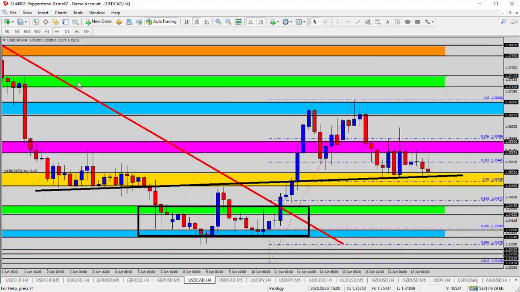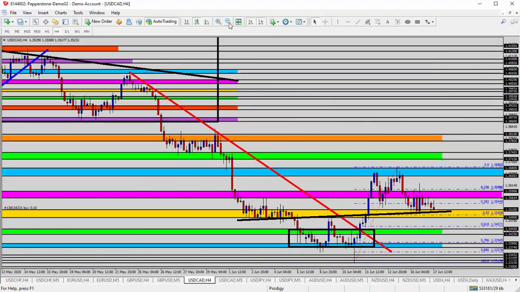Let's take it down here to the 4-hour time frame. Something else I was observing is this yellow shaded area. Look at the support congestion over here on the left-hand side. Then we made the low, and now we're finding support around there again. You might consider that somewhat like an inverted head and shoulders, where we see a low on the left, a low in the middle, and a low on the right.